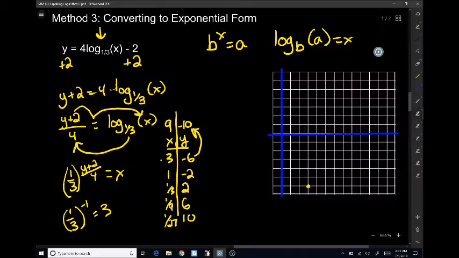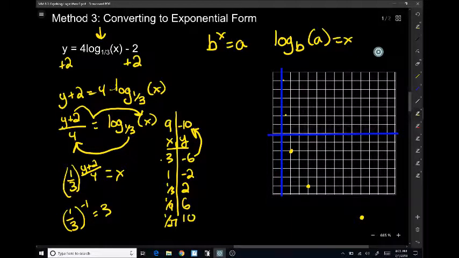I have the point 1, -2. 1/3, 2. 1/9, 6. And also had 9, -10. 6, 7, 8, 9, 10, about here-ish.